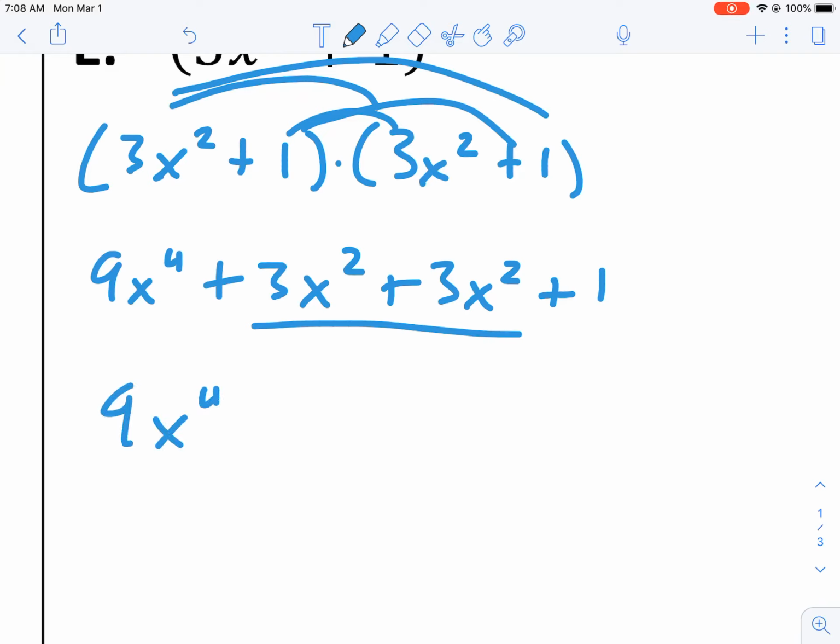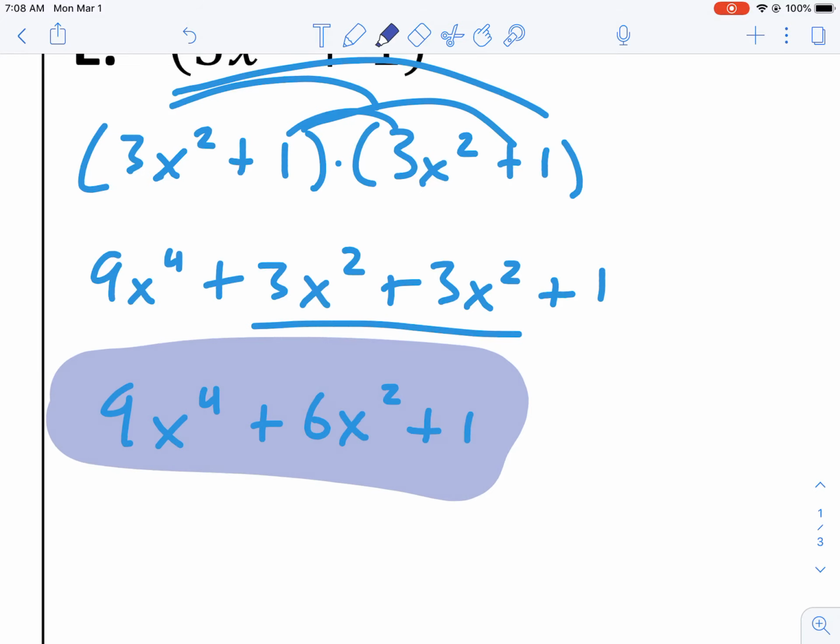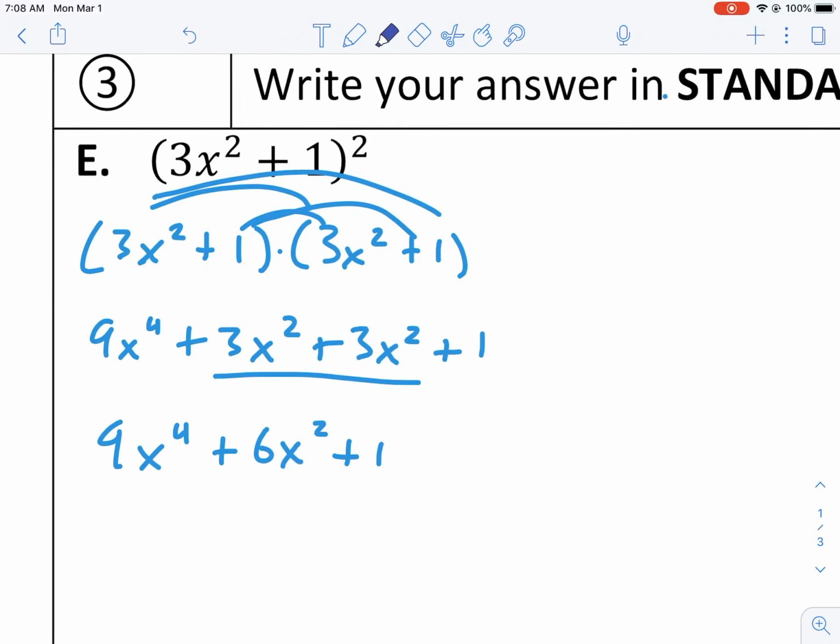So you've got 9x to the fourth plus 6x squared plus 1. Remember, when you're combining like terms, the exponents don't change. You're just adding the coefficients together. So this would be the answer here. If you just distributed the exponent down, then you're missing this middle term right there. So make sure that you don't do that.